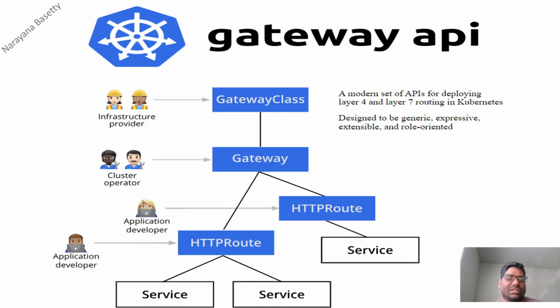If a request is coming, they create a customized GatewayClass as per the request required from the organization, but they follow the custom resource definition standard provided by the Kubernetes Gateway API class. So this is how it is a kind type where people will start customizing. Here it is designed to be generic, expressive, extensible, and role oriented. That is what it is.